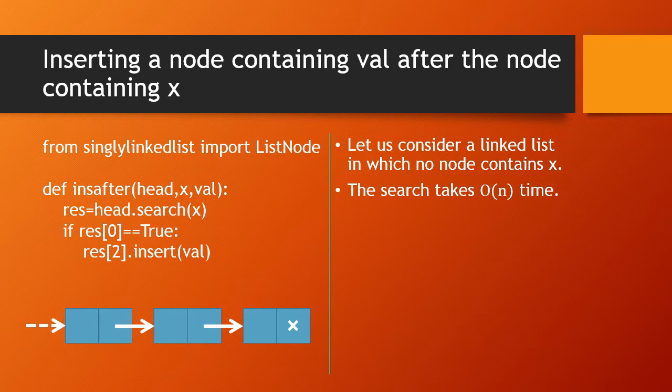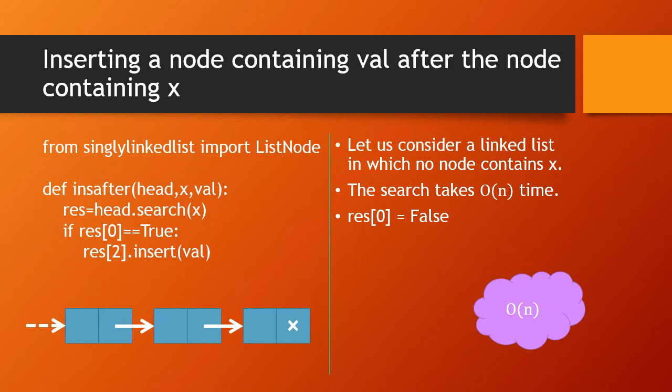But since there is no node containing X, res0 is going to be false. And if res0 is false, the if comparison will be false and we will never move into the body of the if.